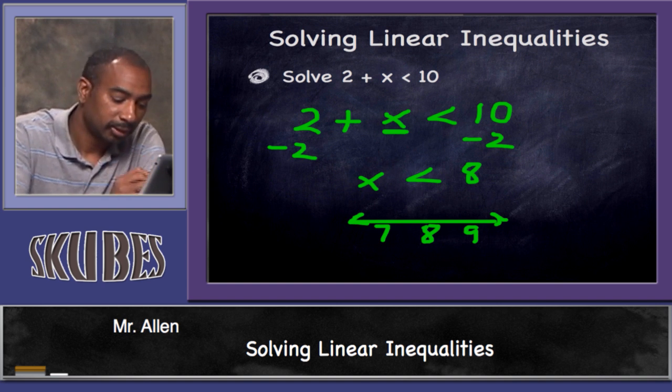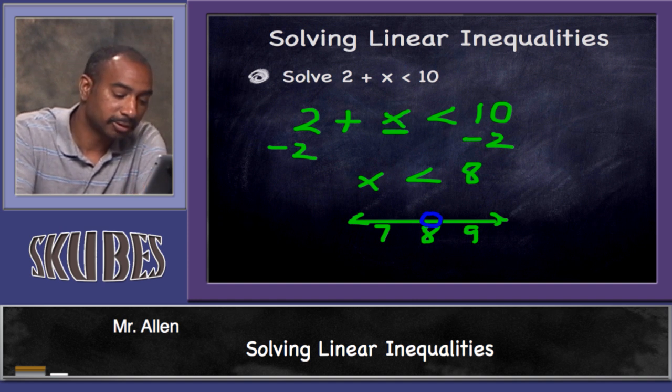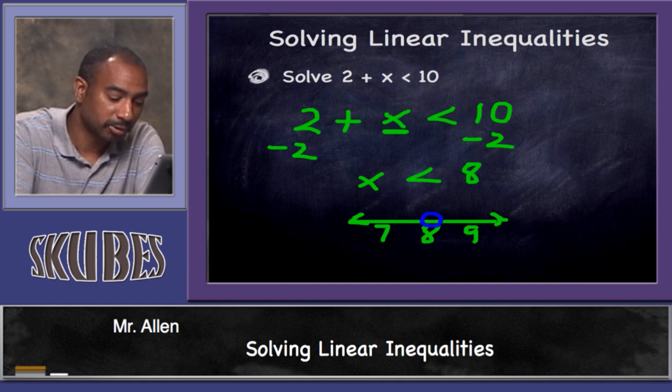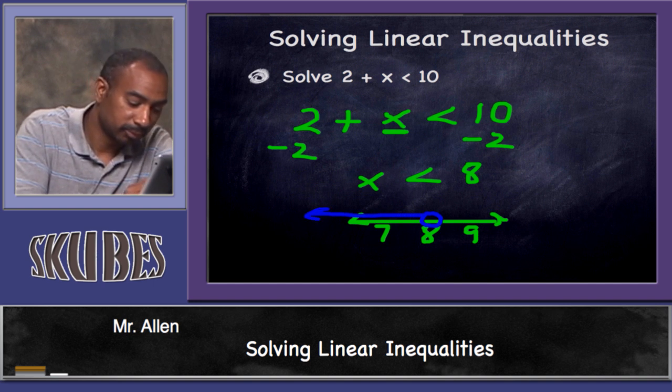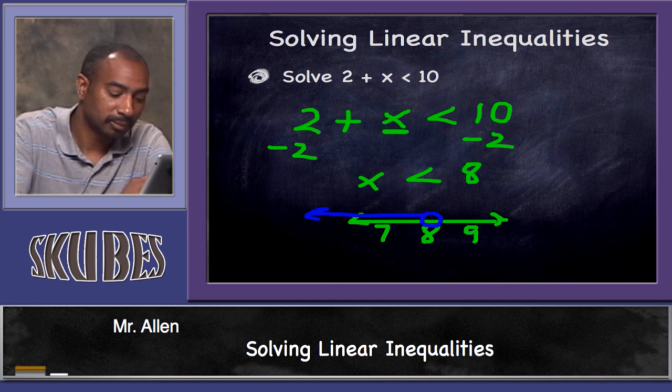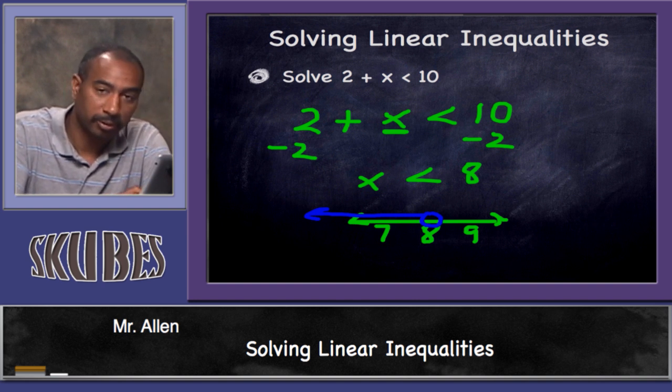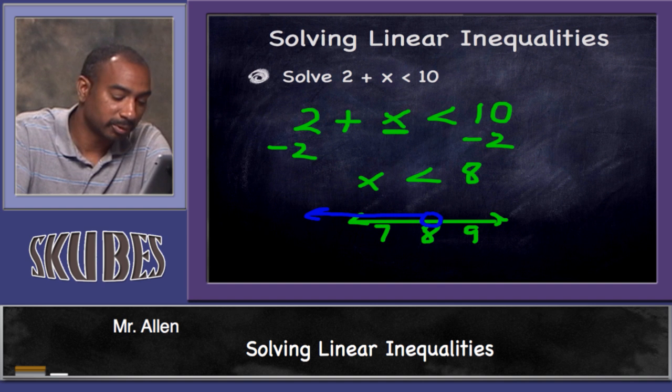You're not including 8, so we're going to use an open circle because you're not including 8 as a solution. You want all numbers that are strictly less than 8. So you're talking about number 7 and below, like 7, 6. You're not including 8, you're not including 9 or 10 or the numbers above 8.